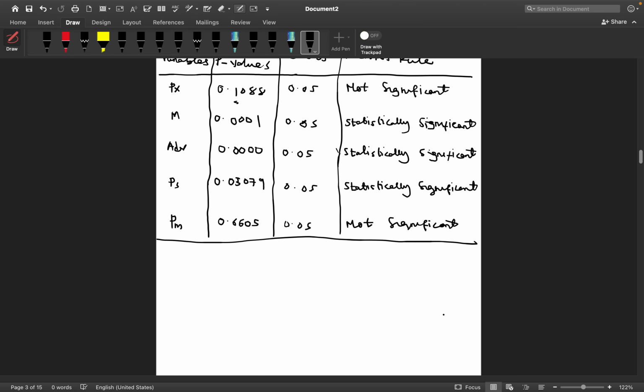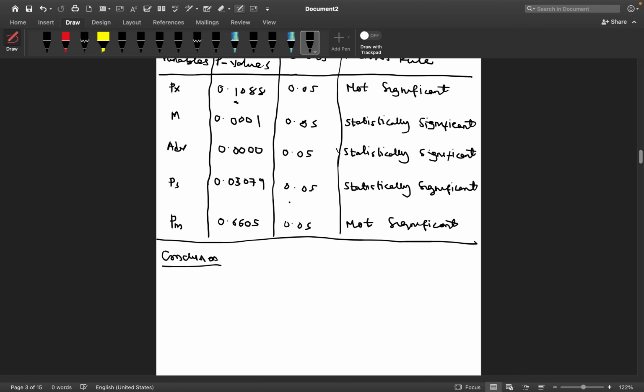Once you are done with this, you are supposed to make a conclusion. With the conclusion, we were given 0.05, which is a 5% level of significance.